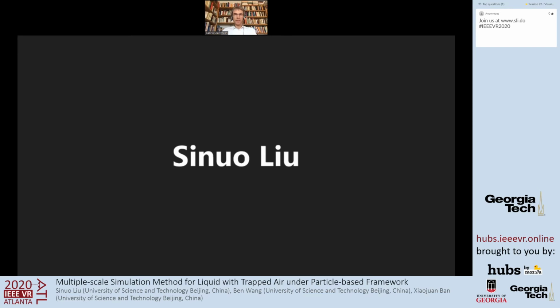I didn't mention the running time in the paper because the rendering is really time consuming.